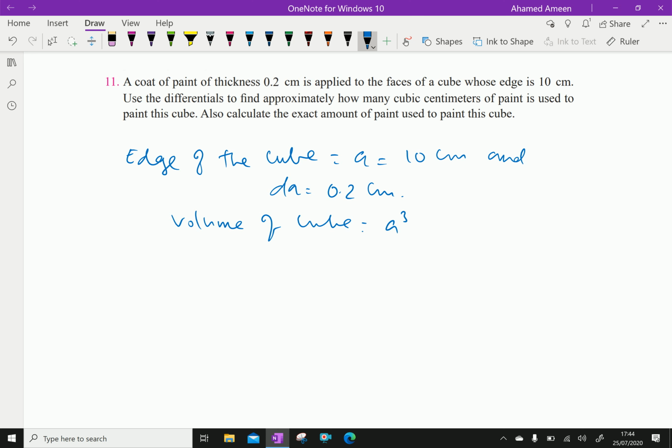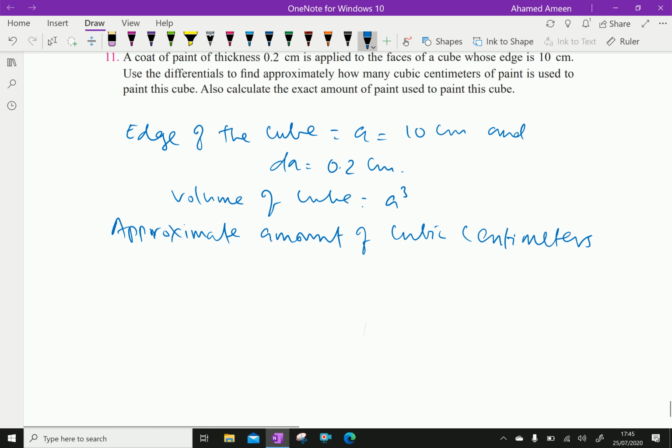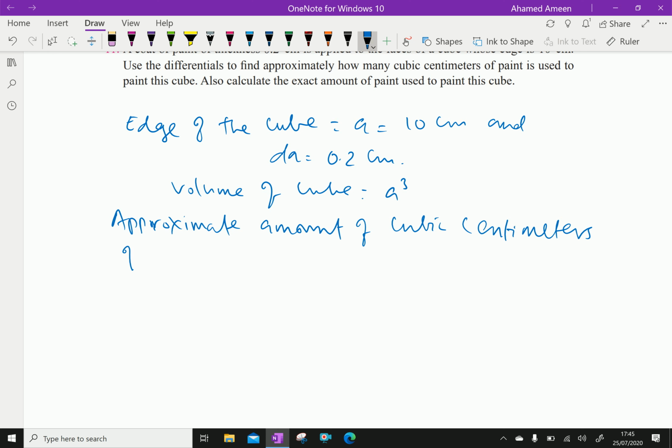Approximate amount of cubic centimeters of paint used to paint this cube is obtained by differentiating a cube, that is 3a squared dA.